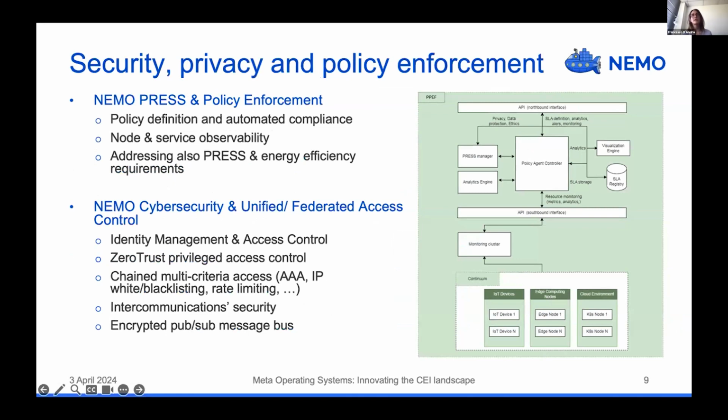Security, privacy, and policy enforcement are ideally considered in NEMO. These are considered as vertical functions. We have two components here, the policy enforcement framework and cybersecurity components. It's not only one.